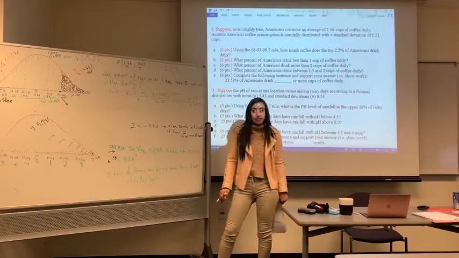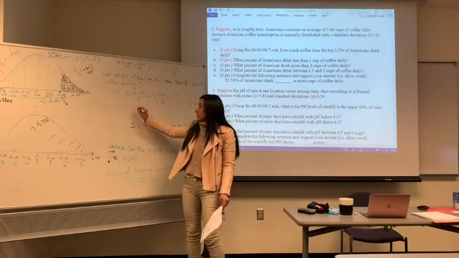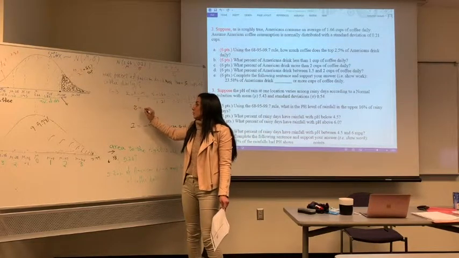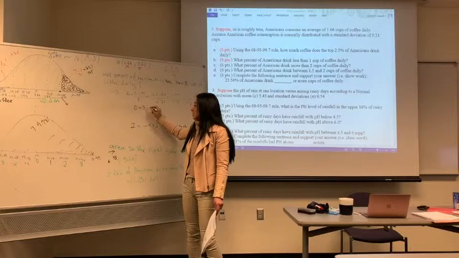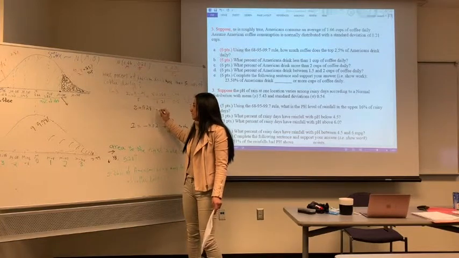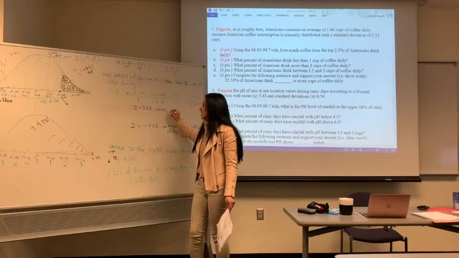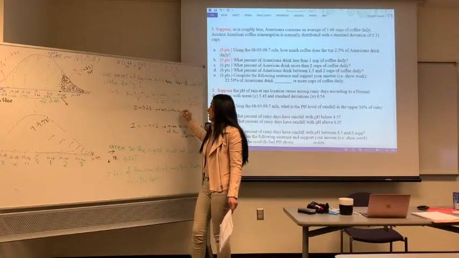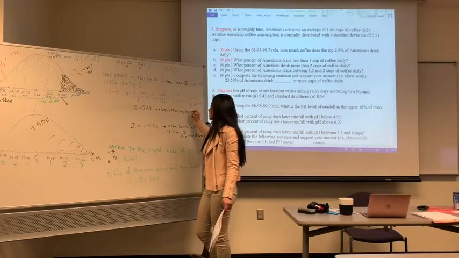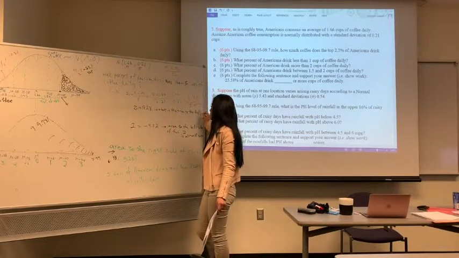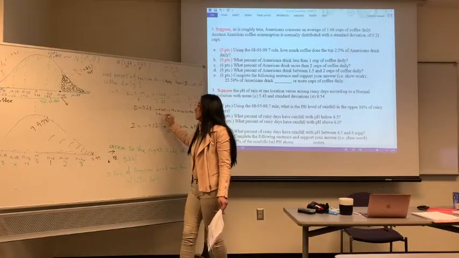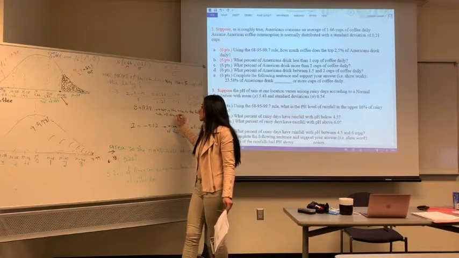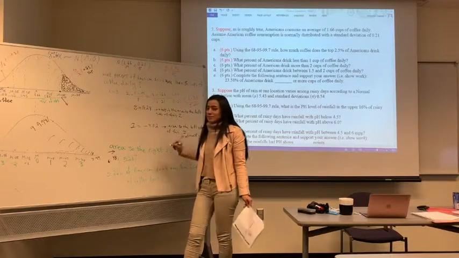Right? Yes. So now, tell me, what if I have z equal 5.28? What is the area to the left side of this z?